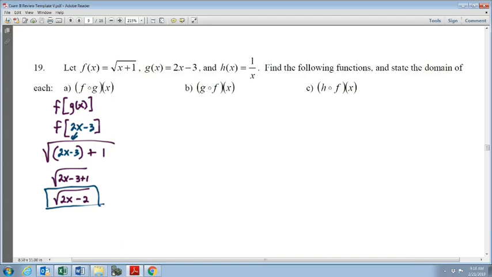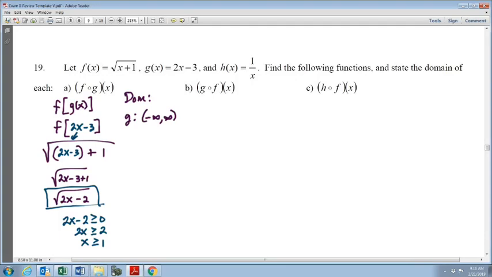So first of all, we look at the inner function g of x. And that's a linear function, so the domain's all real numbers. Now, second, we look at the output that we just got, which is a radical, so we need to set the radicand greater or equal to 0, and that's going to tell us our domain. We're going to get 2x is greater or equal to 2, which means x is greater or equal to 1.